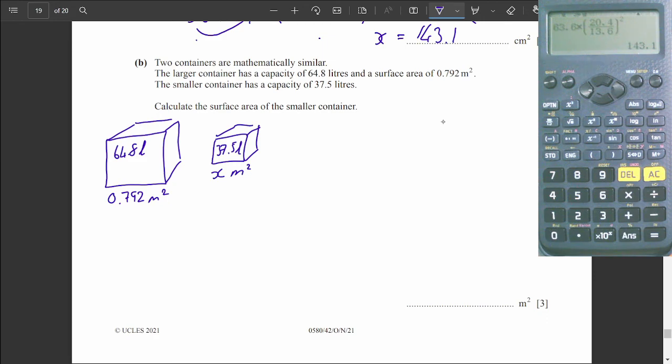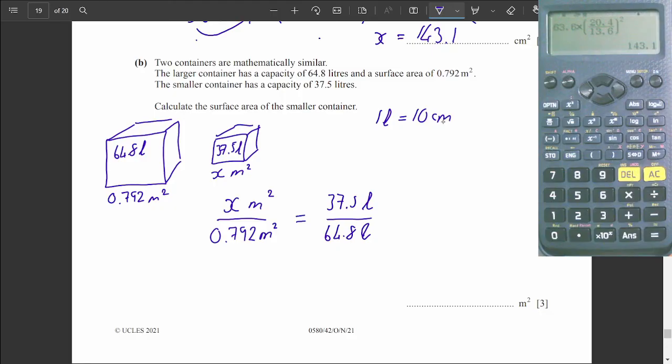So again, we're talking about similar shapes here. We use ratios. So we want to know what is the surface area of the smaller shape. So we write it as a ratio over the bigger shape surface area, and we set that equal to, put the smaller one first, so again, smaller one over the bigger one. Okay. What is liters? Liters is capacity, right? Another way to measure a liter is to measure it in centimeters cubed, for example.